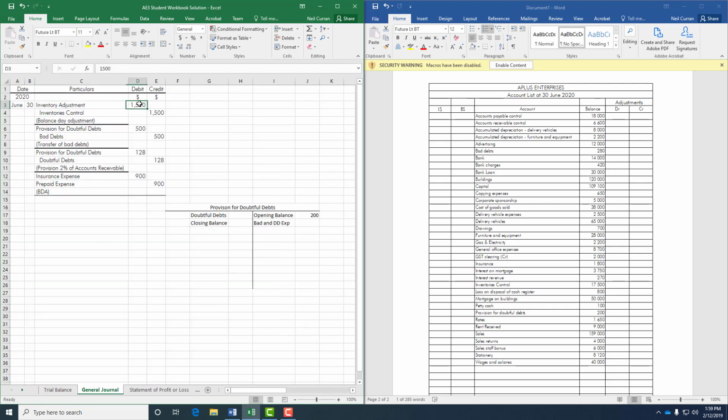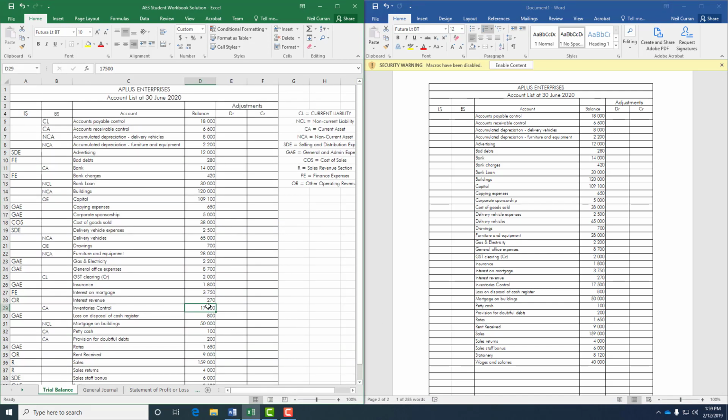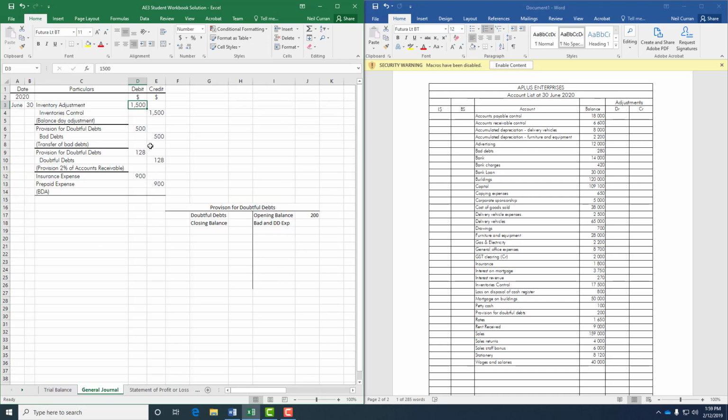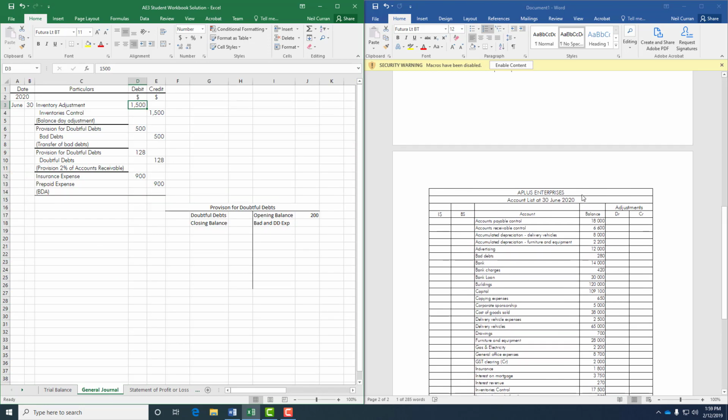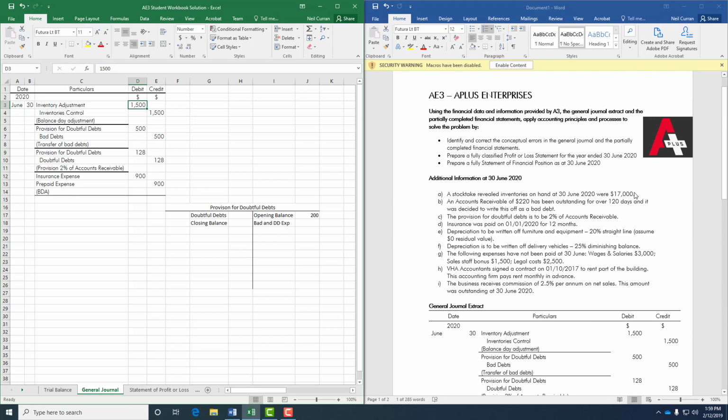So the error here is not the journal entries or the accounts themselves, it is a calculation error. It should be 500, not 1500. The way we calculate the 500 is the difference between what we've got written in our books as per the trial balance, which is 17,500, less what you've actually got in your stock take, which said 17,000.